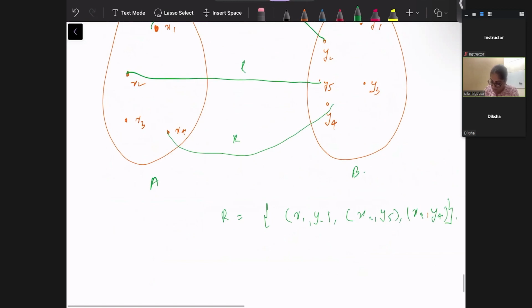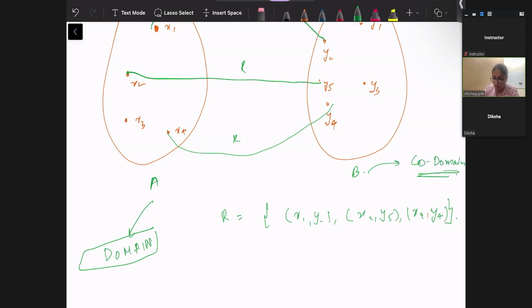Then this A is called the domain, because the relation goes from A to B. The first set is the domain. The second set is the codomain, the whole of B. And what is the range?